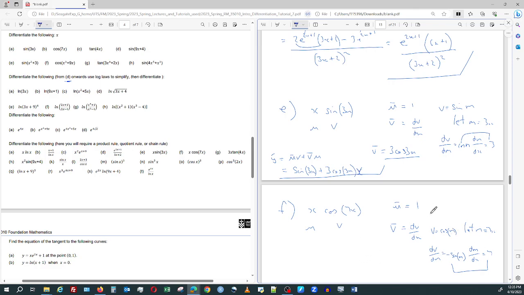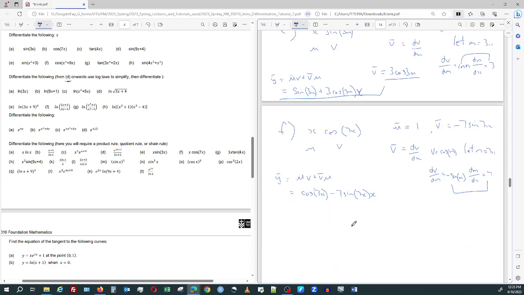So v dash will be equal to minus 7 sine 7x. So our y dash is cos 7x minus 7x sine 7x.